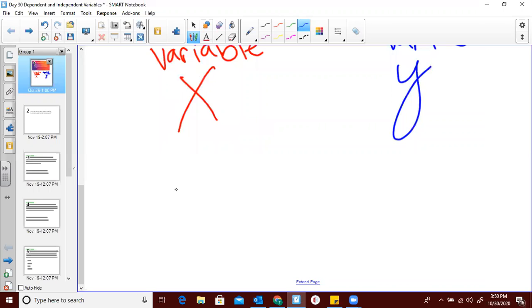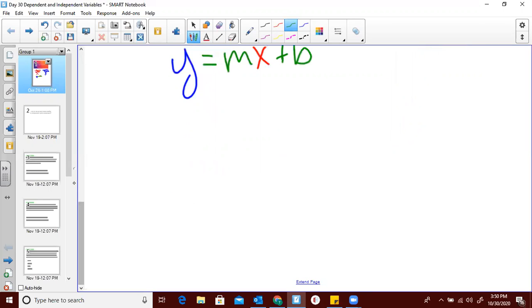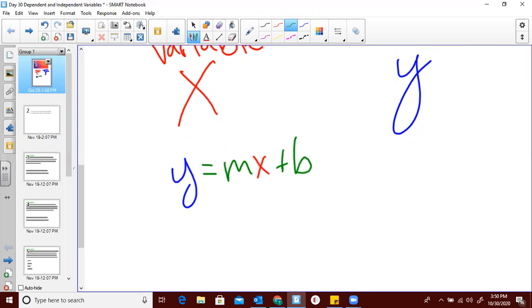All right, another thing that I want to remind you guys, we have this formula, y equals mx plus b. Before we even start, I just want to point out these can all obviously switch, right? The associative property.